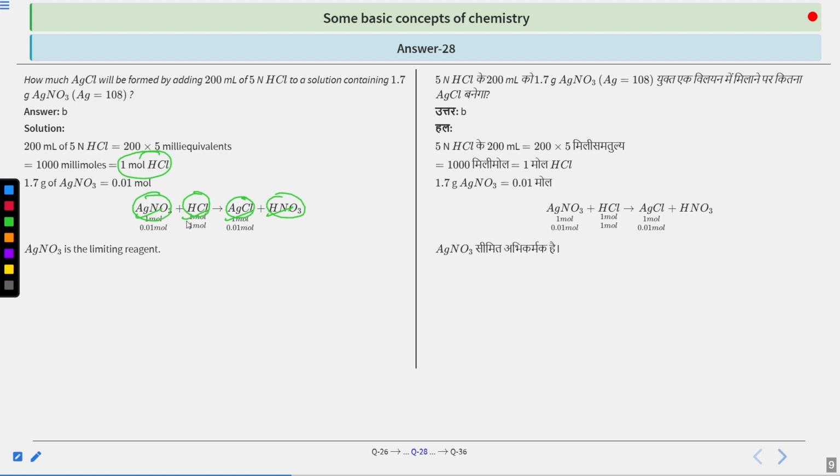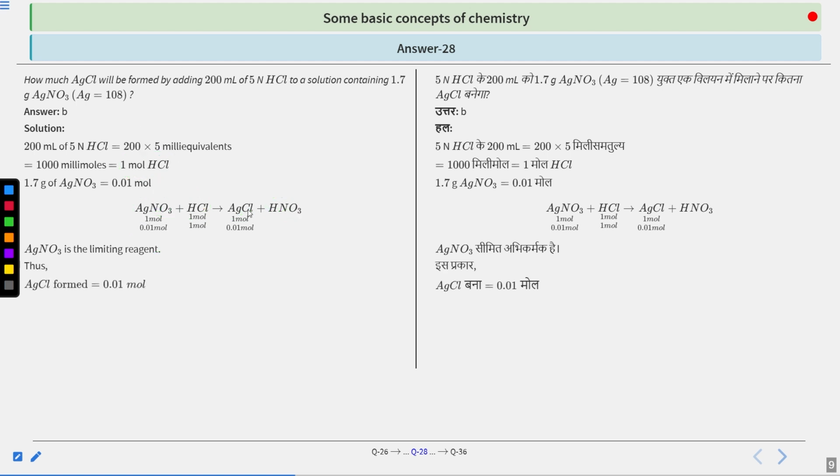Now, your AgNO3 is present in the limiting amount, so it will decide the product value also. So 0.01 mole of AgNO3 will react with 0.01 mole of HCl to give 0.01 mole of AgCl. Rest of the HCl will be in the solution, so 1 minus 0.01, the value you get, you can write here. So in this case, AgNO3 is the limiting reagent.